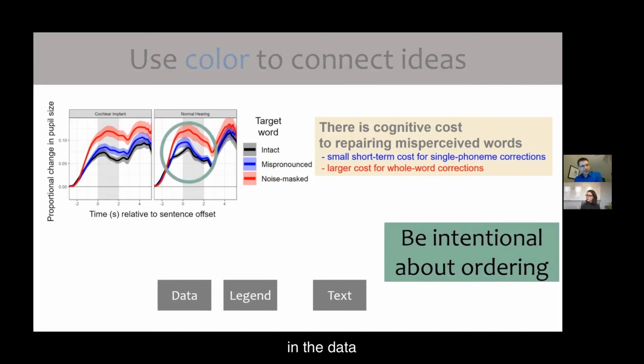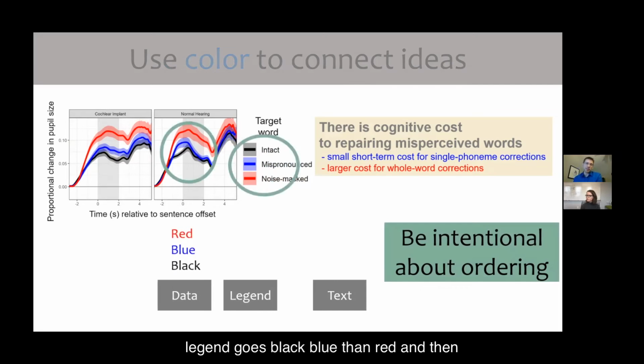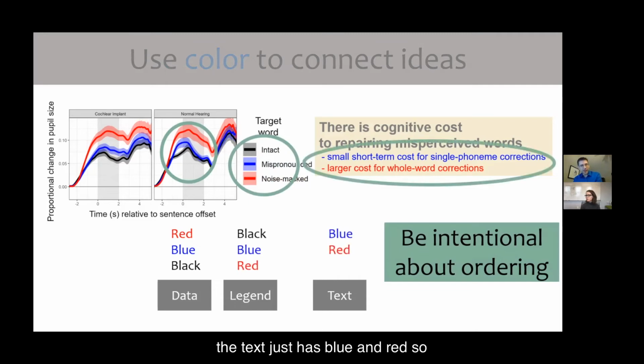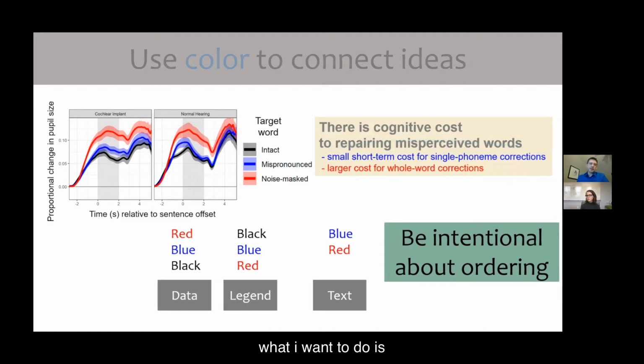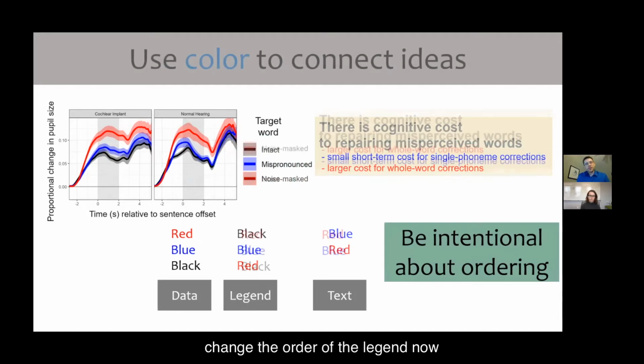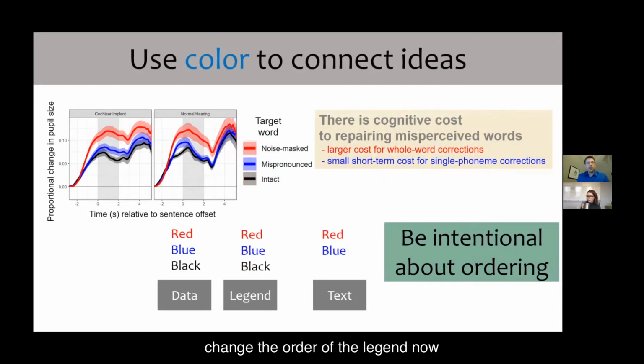In the data go red, blue, then black. The legend goes black, blue, then red. And then the text just has blue and red. So there's a little inconsistency here. The simplest thing is just to change the order of the legend. Now everything has the same order, and now I've aligned things so that it flows directly with the legend.